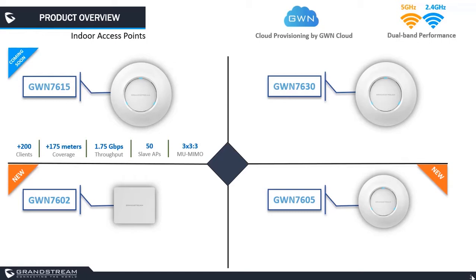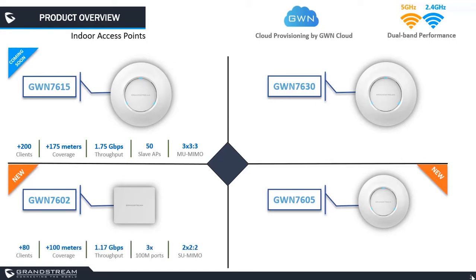You can use the embedded controller to manage up to 50 other access points as slave APs. This model is built with 3x3. In other words, it comes with 3 antennas for reception and 3 antennas for transmission using the multi-user multiple inputs, multiple outputs, or what they call MIMO technology.